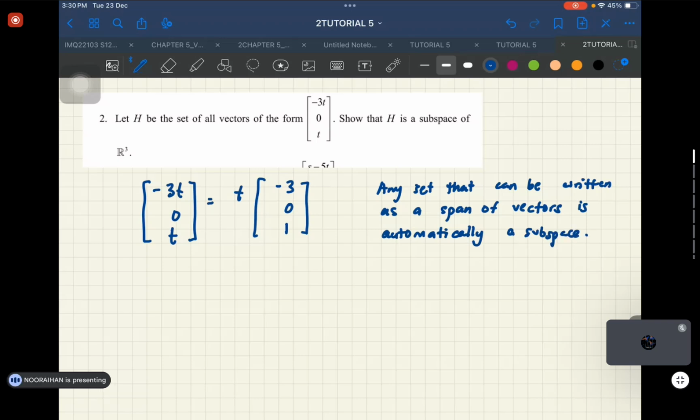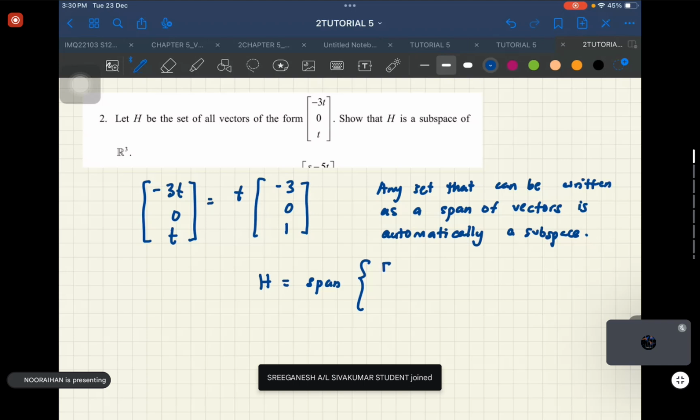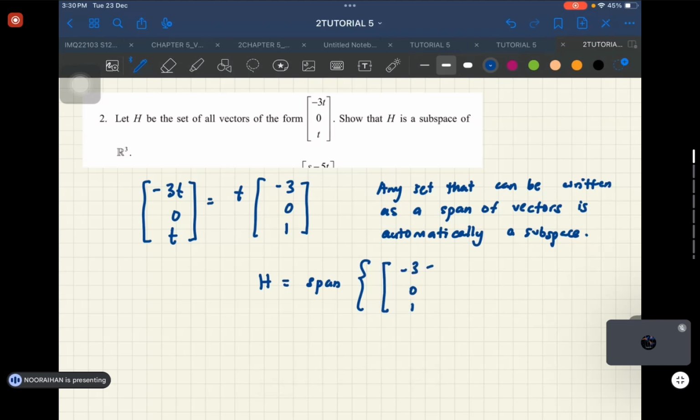So the conclusion: H is equal to the span of (negative 3, 0, 1). So H is a subspace of R3. Okay, that is the answer for question number 2.